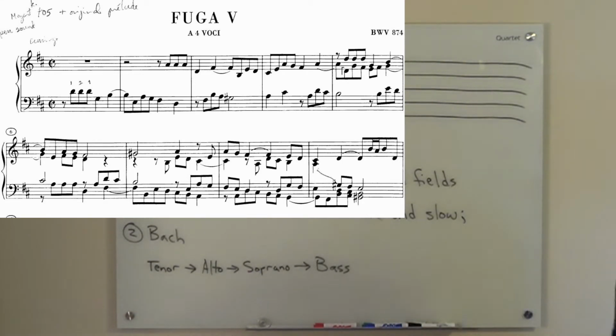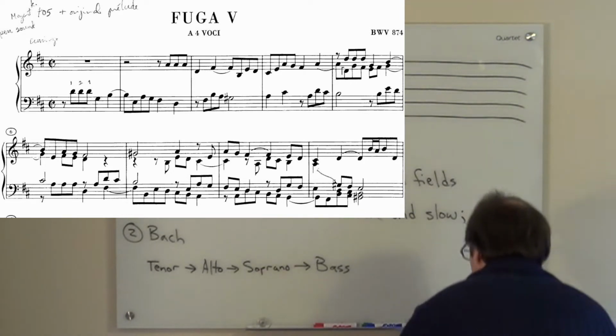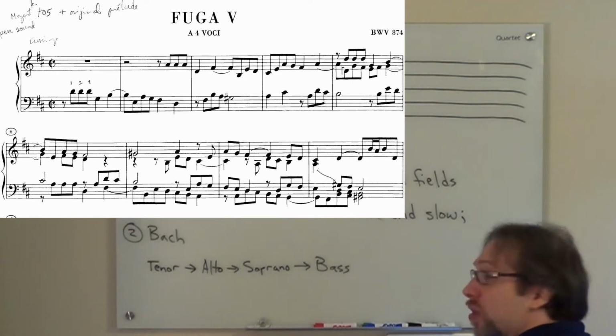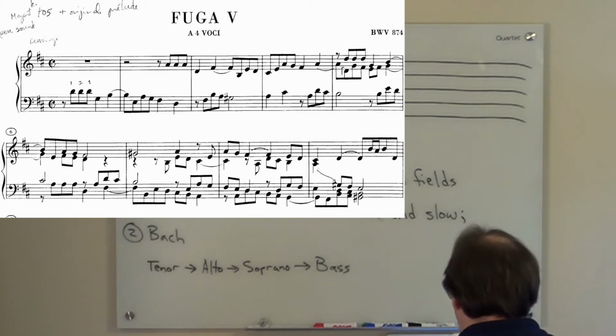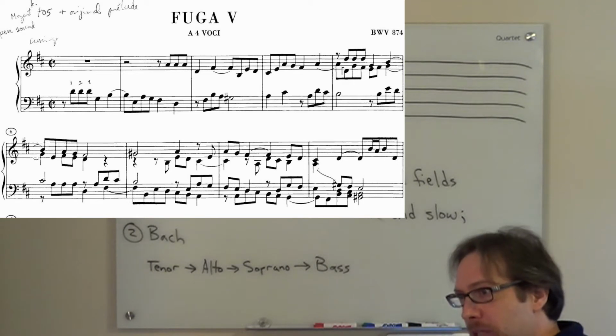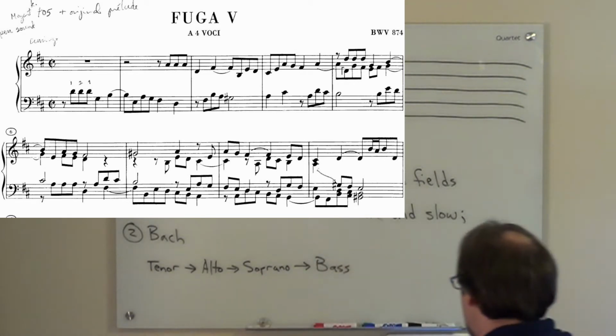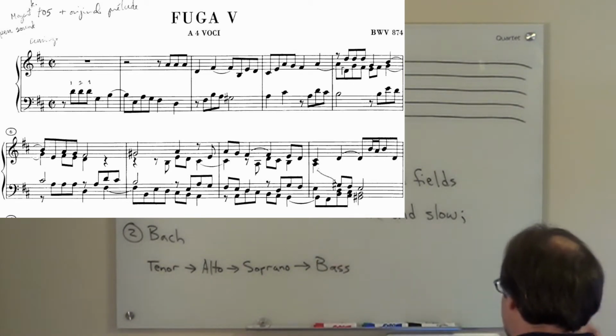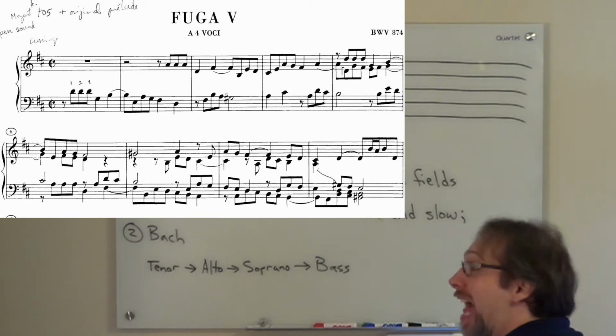So in this example by Bach, he starts with the tenor voice, and I'm just going to play what's called the subject. Overlapping and starting a little bit before that subject ends in the tenor voice, you have that same subject come in in the alto voice.